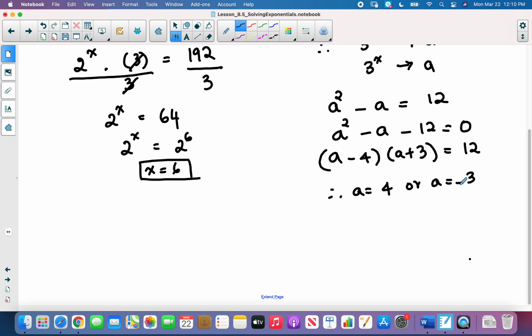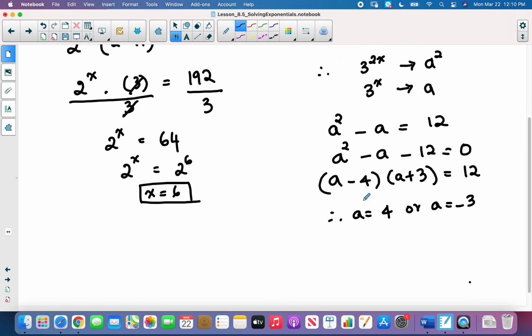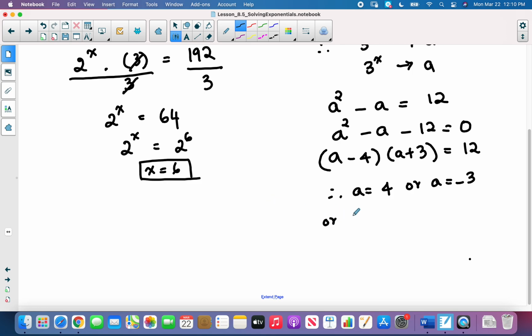Okay. And we're going to replace a with what we had defined a to be. A was, in our definition, 3 to the power of x, so 3 to the power of x equals 4, or 3 to the power of x equals negative 3. So we have two solutions.